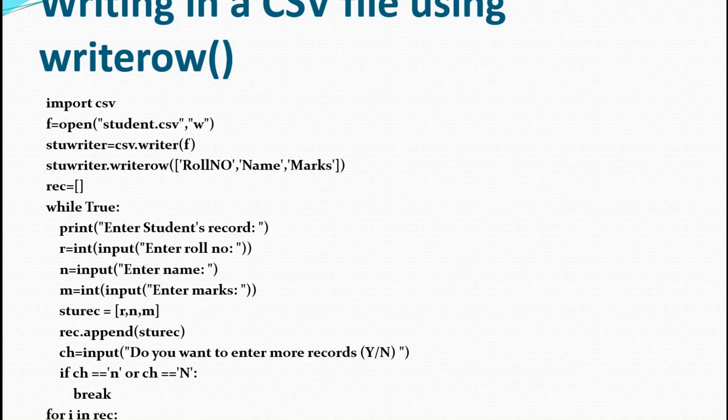After taking the values, this for loop is written outside of the while. That means each record one by one is written with the help of this writer object into the file through this writerow function. Writerow means it will write one row at a time in the CSV file, and at last close your file.